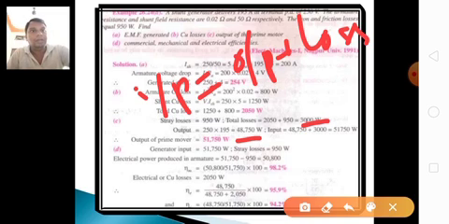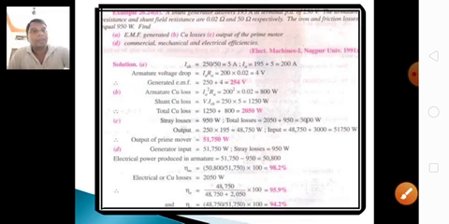Next, generator input is 51,750 and stray loss is 950. So for the electrical power developed in armature, we have to subtract the losses, giving 50,800. Then we have to find the mechanical efficiency and electrical efficiency.